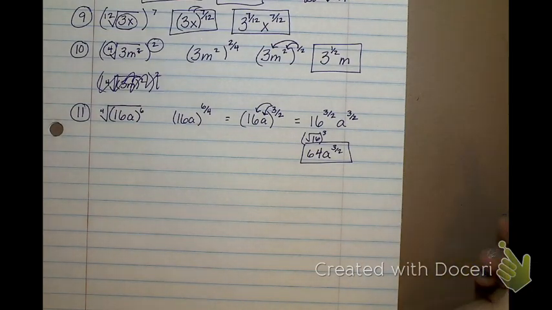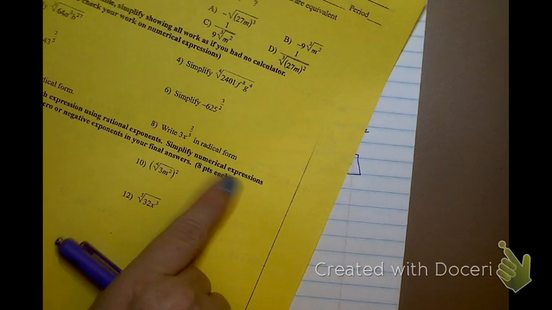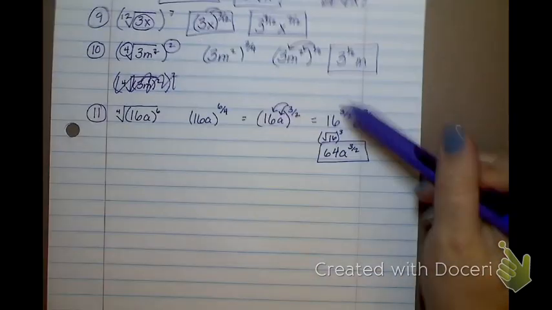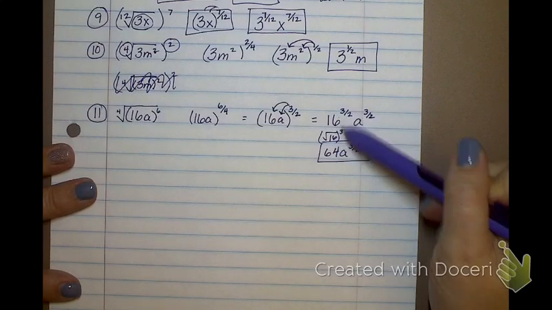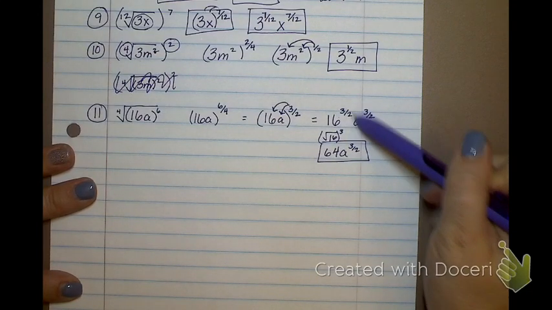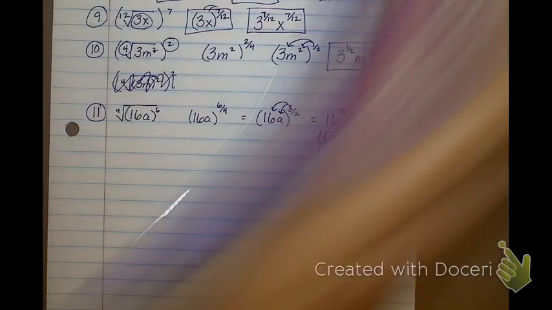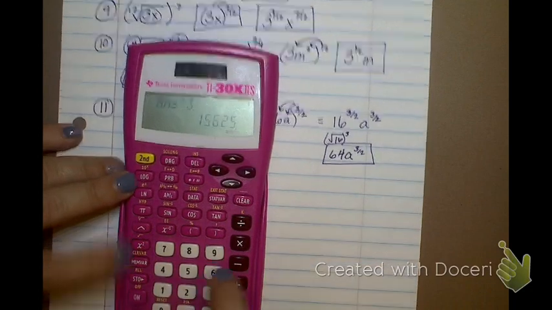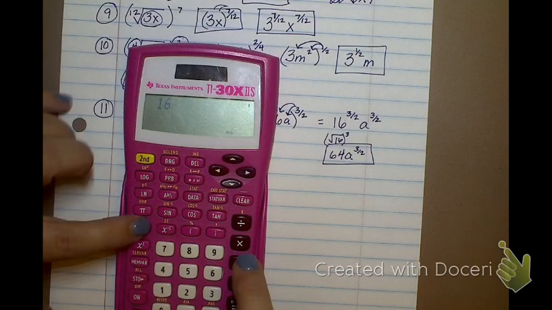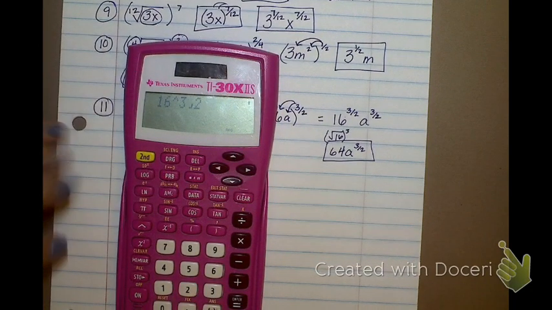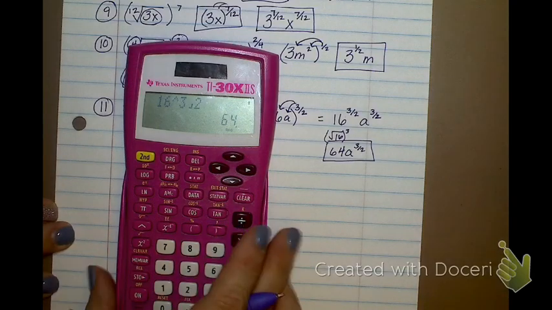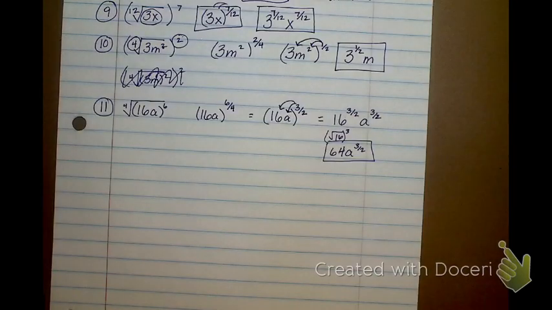So when the instructions say simplify numerical expressions when possible, this is what I mean. If you can actually calculate what that exponent is, do it. And again, you could do that in your calculator if you wanted to. You could do the 16 to the 3 halves power, and you do get 64 there. Okay? Questions there?